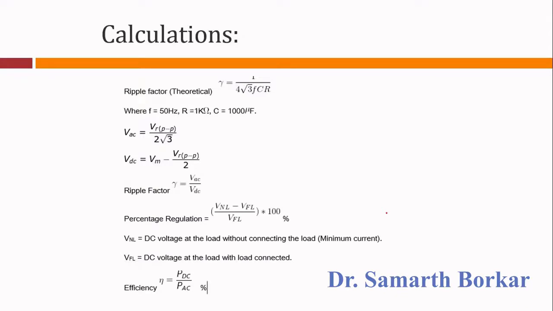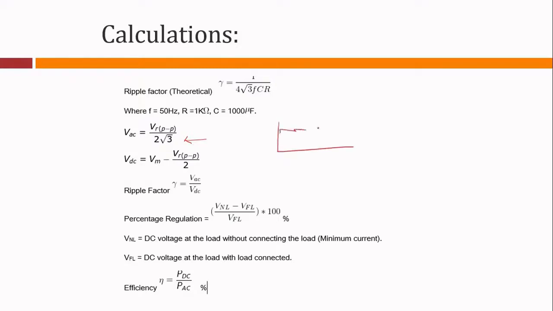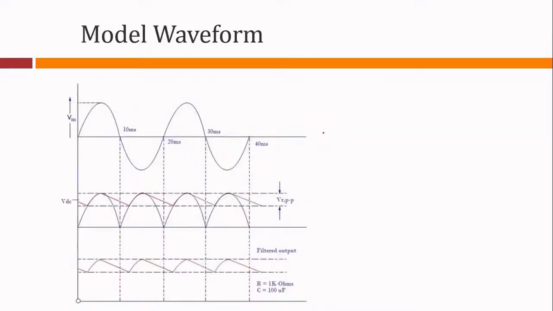Here the point to be noted is that the VAC RMS value is Vr divided by 2 root 3. So instead of root 2, we are taking this as root 3 because the shape of the output waveform is triangular. It's not sinusoidal. So here is the signal from the input.